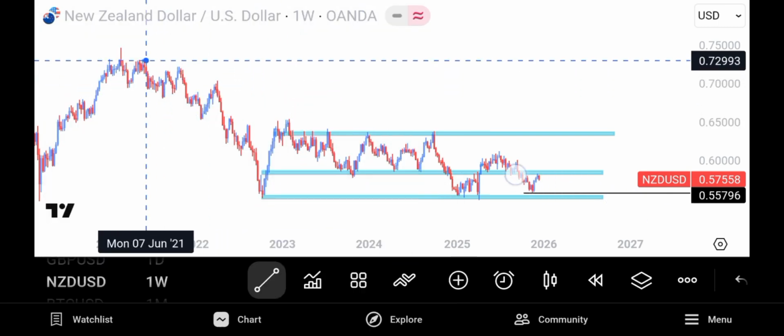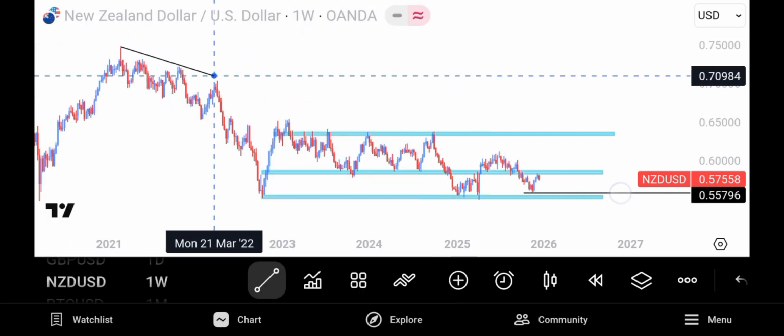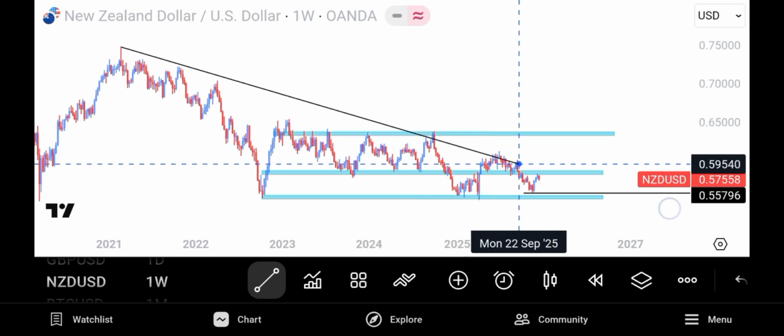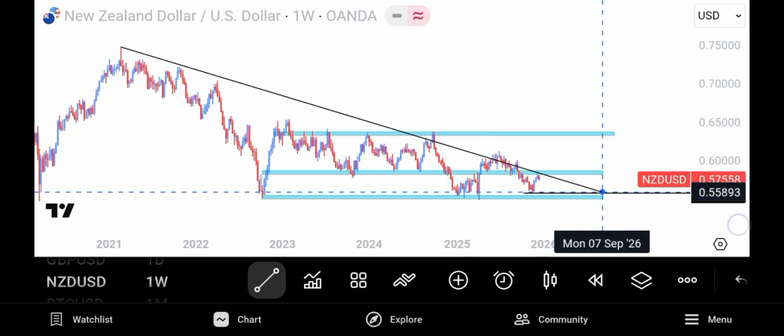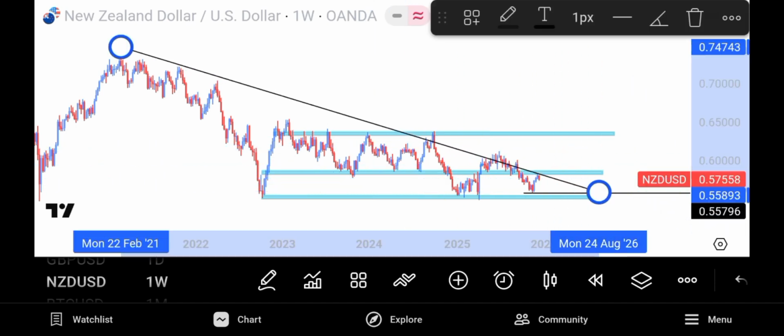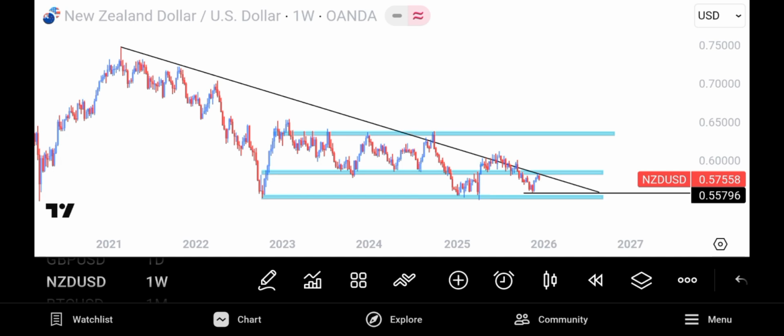As you can see, from the weekly, we had something like a trend line which the market has been respecting for over four years now, since 2021. The market has been respecting this trend line for over four years, which tells you that this market has been bearish.